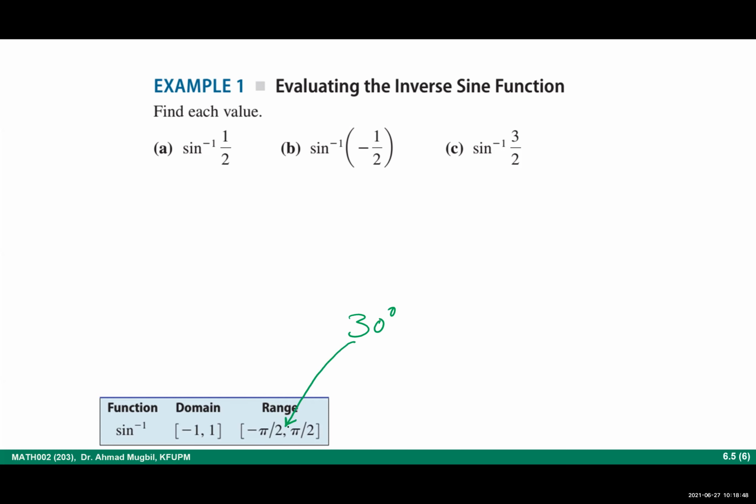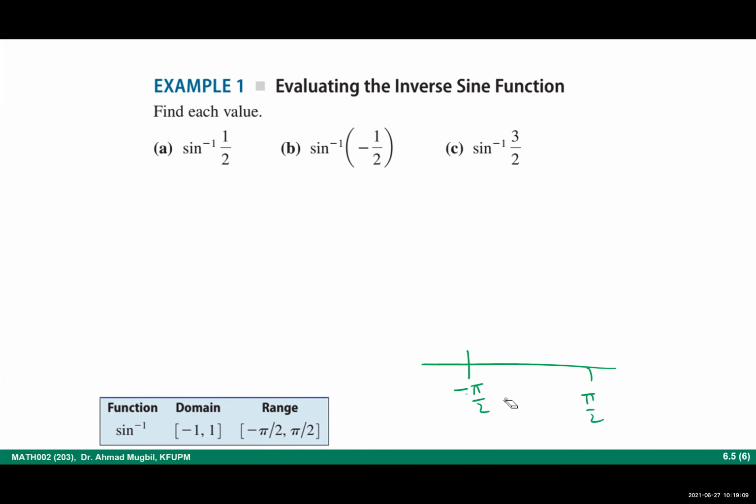Is it in this interval? No. So this is not an answer. We are talking about an interval, real numbers. We want a number between negative pi over 2 and pi over 2. This is not 90 degrees here, and this is not negative 90 degrees.